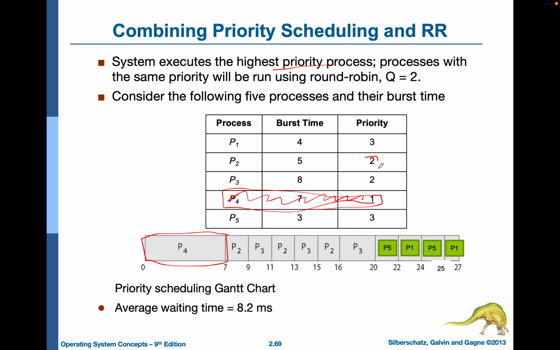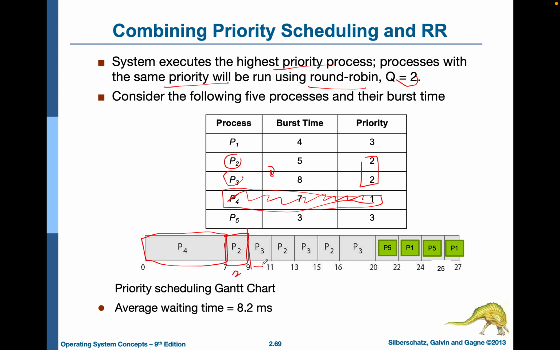Now we have the same priority processes, which will be run using round robin with quantum 2. That's why first P2, you can see here, you're going to start here, but you have quantum 2 here. After that, you're going to interrupt and continue with another one with similar priority.